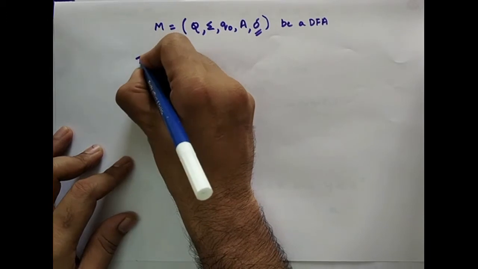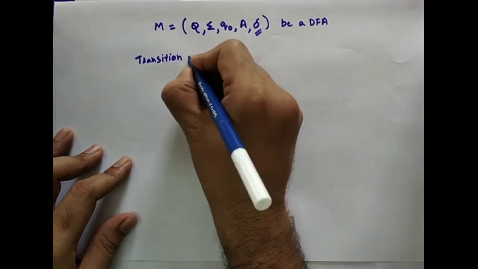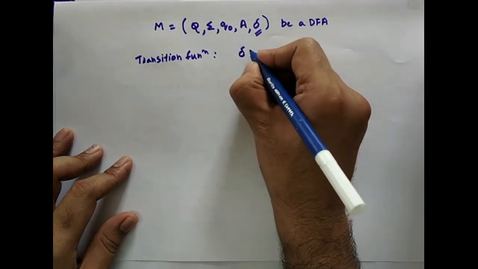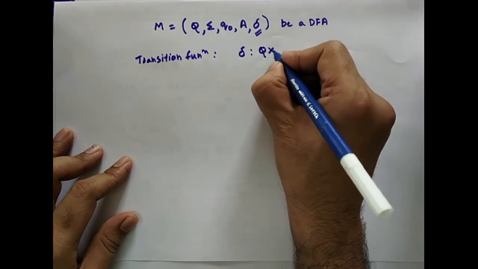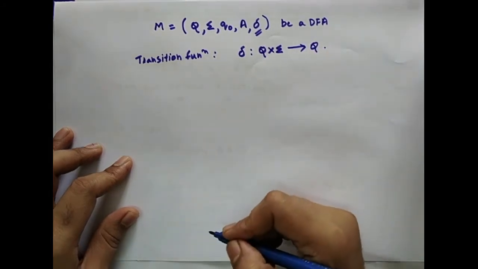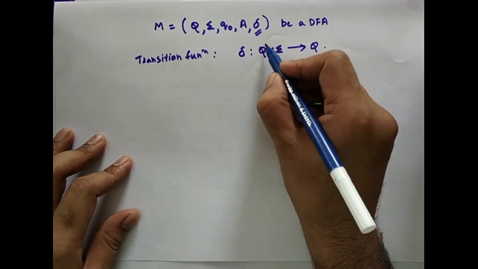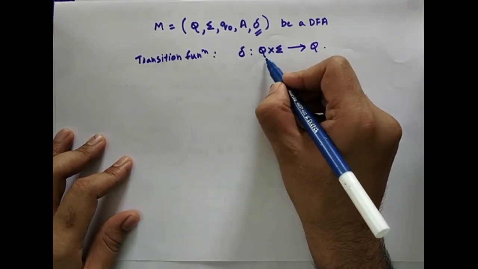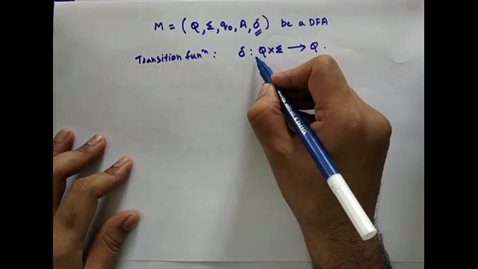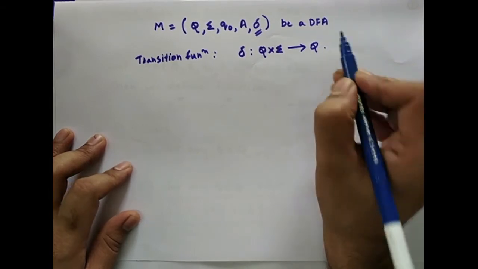A transition function is defined as del: Q cross sigma gives Q, which simply means it is a cross product of any state over an input symbol, and when that happens, what you get is the resultant state Q.